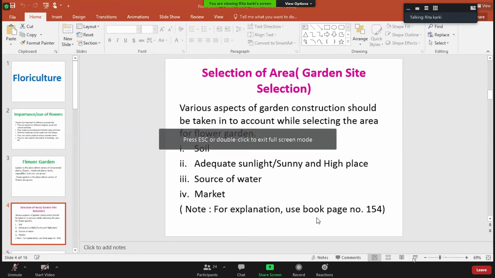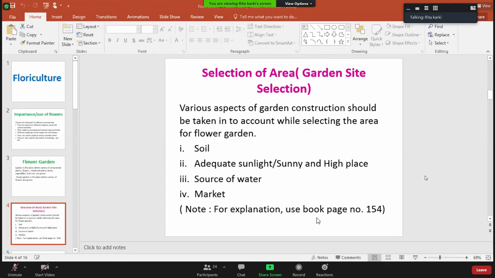If the place cannot obtain at least 6 hours of sunlight, then the photosynthetic activity of the plant will be hindered. As we are all familiar, plants take water from the soil, take carbon dioxide from the air, and take sunlight.